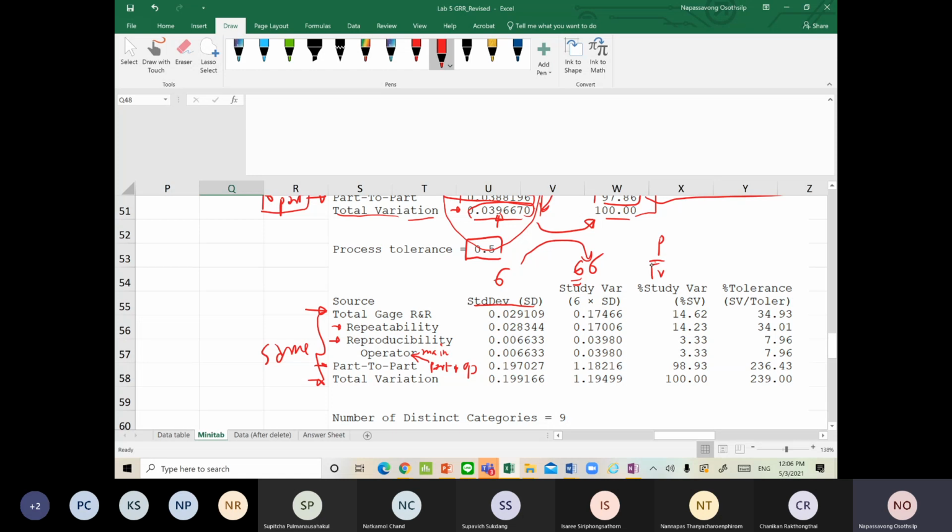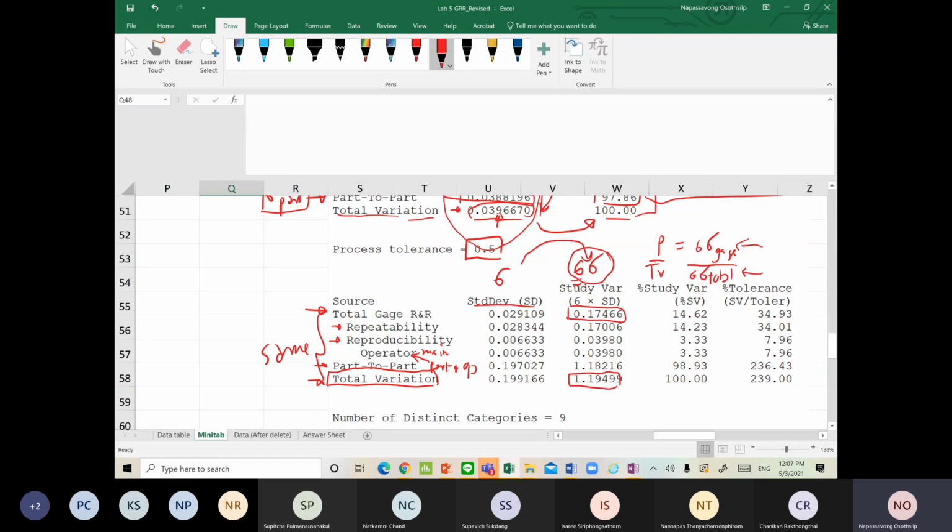P to TV is sigma of the gauge divided by 6 sigma total. 6 sigma total is this number, and 6 sigma gauge is this number.